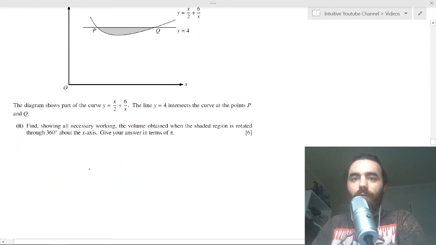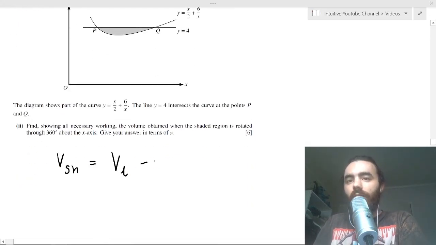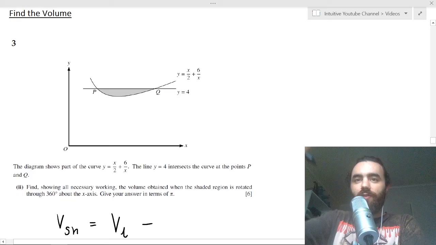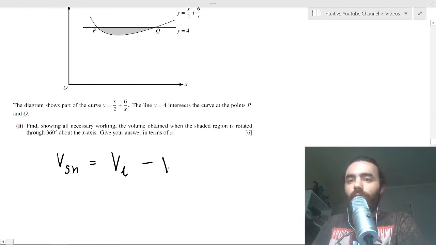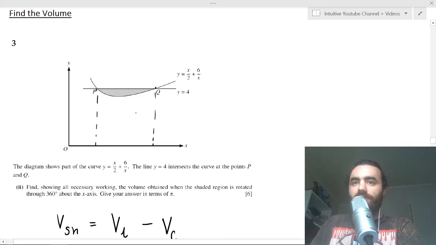And that means that if we want the volume of the shaded region, well, this is going to be the volume of this rotated line minus the volume of this rotated curve between the limits of P and Q. And so first let's find these limits of P and Q.